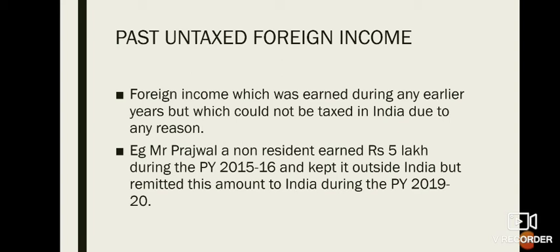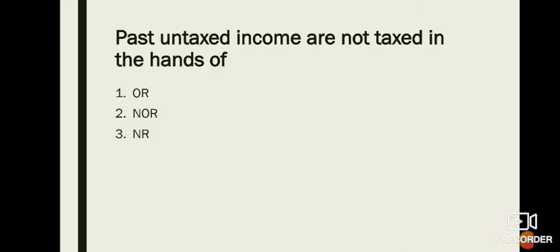When past untaxed foreign income belongs to any of the preceding previous years and is brought into India in the previous year, it is not at all considered while computing the total taxable income of the assessee. Therefore, this income is not at all taxed either to ordinarily resident or not ordinarily resident or non-resident.